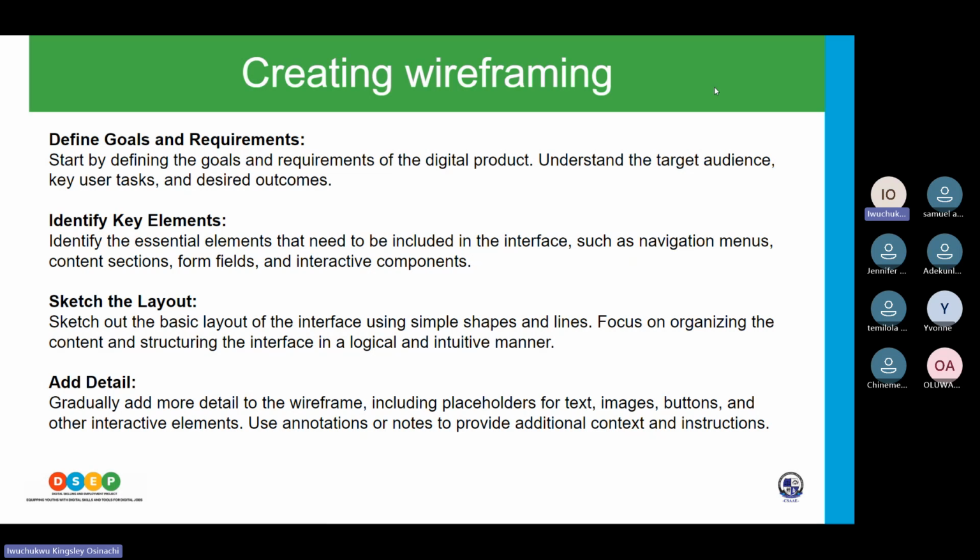Let's say you place a box, you want to tell people that okay, this is a video or image. You want to tell people that okay, this is a button. You want to tell people that okay, this is a nav bar and stuff like that. So you make sure you label your elements. It's like the person did in the diagram I showed you guys.